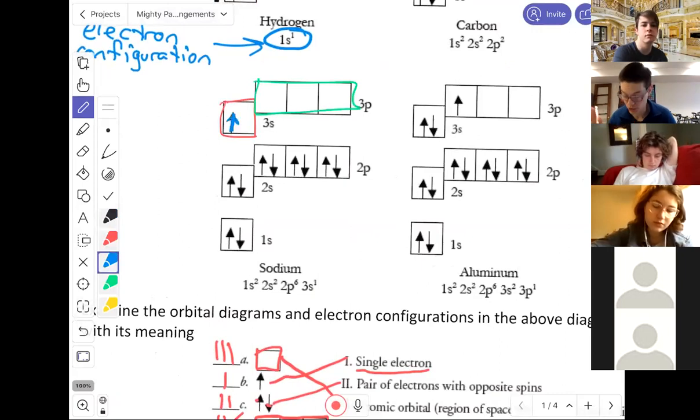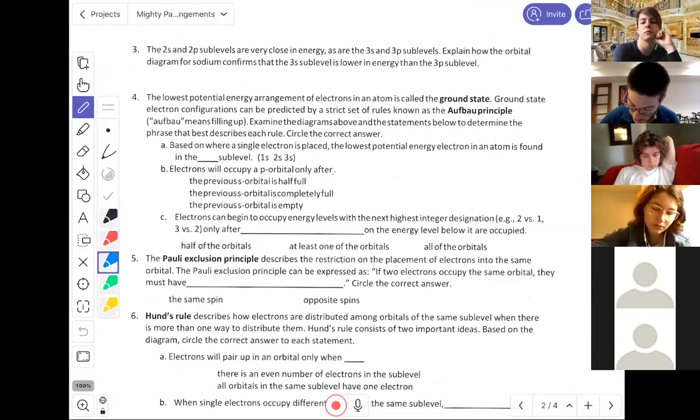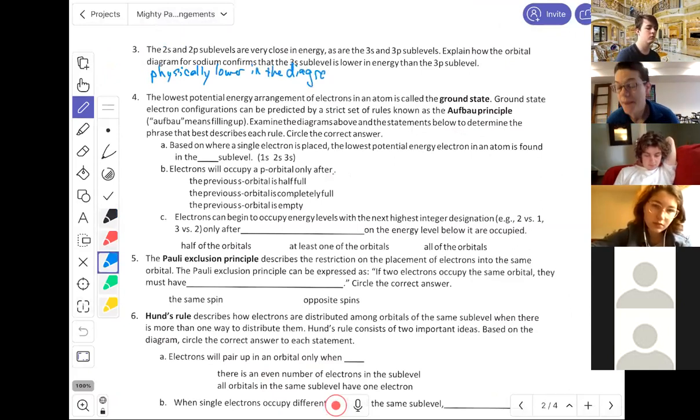All right, so there's two ways. One, it's physically lower in the diagram. That's one of the reasons why the diagram is done that way. And then also, where did the electron go?